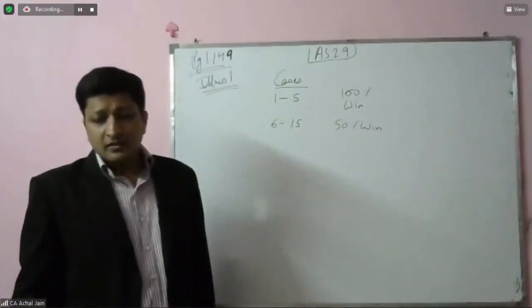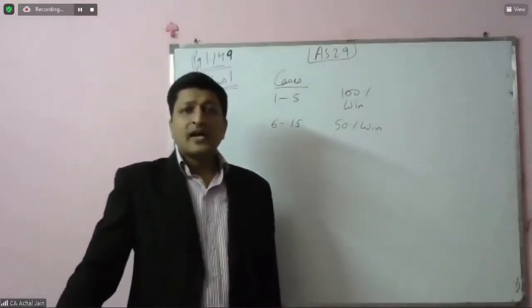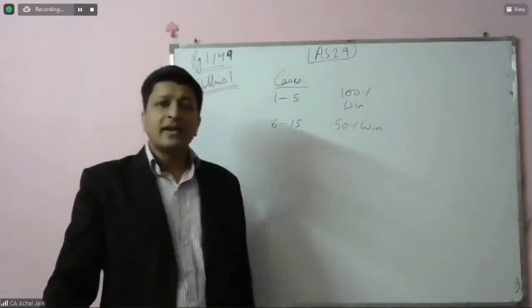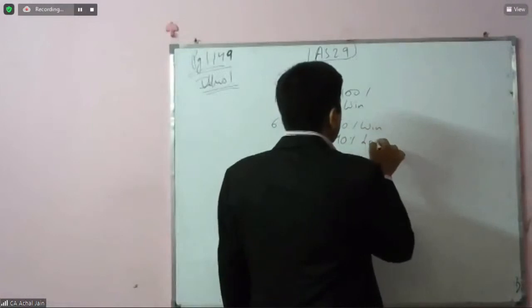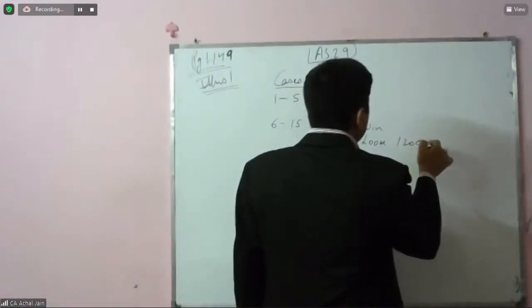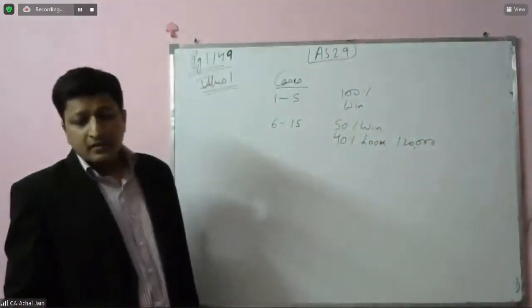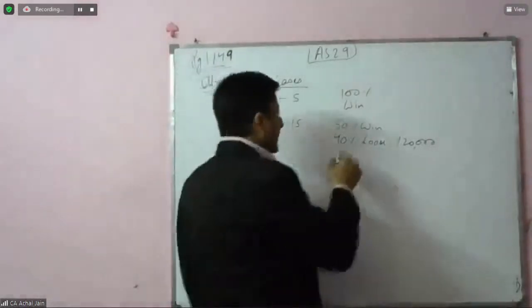Chances of losing, with a liability, when they lose, what is it that they are required to pay? 1,20,000 is 40%, then 10% for 2 lakh.